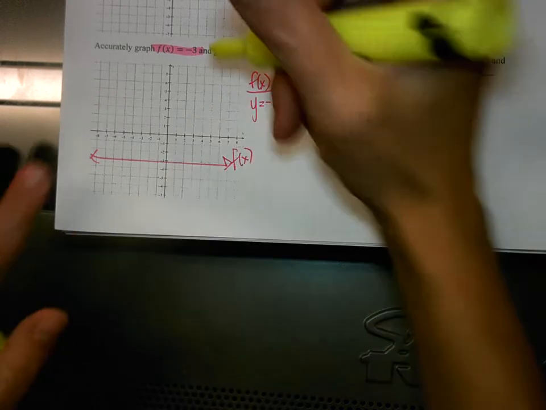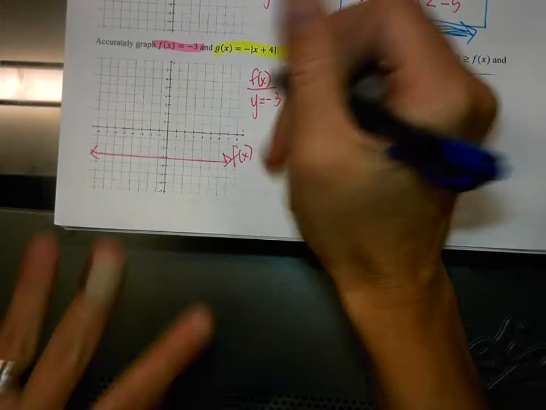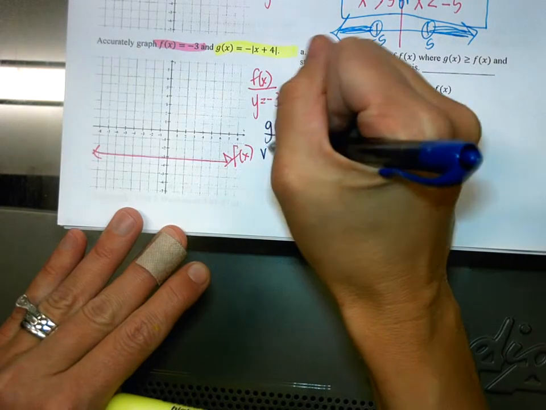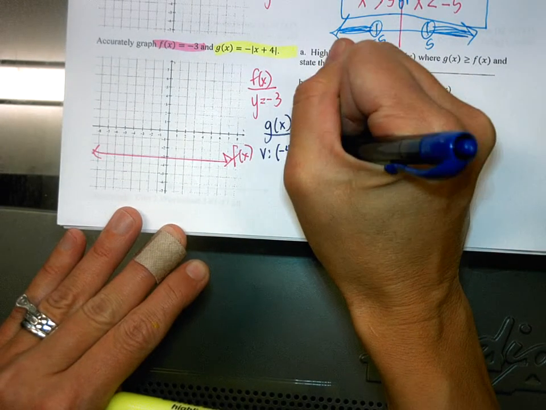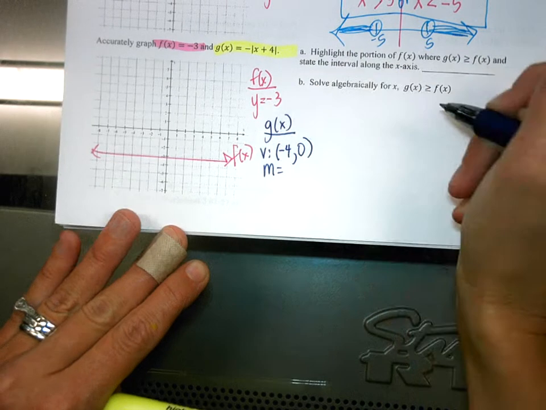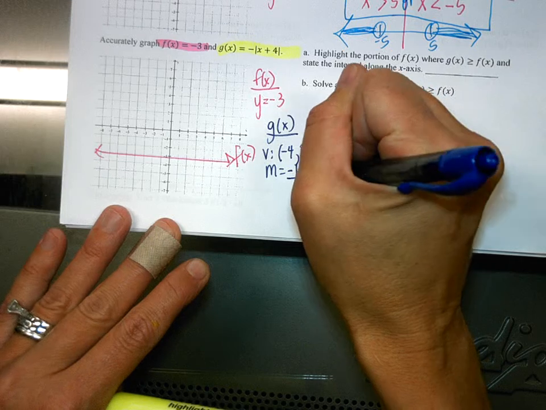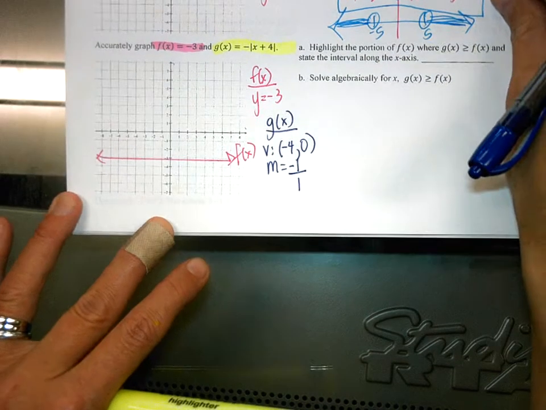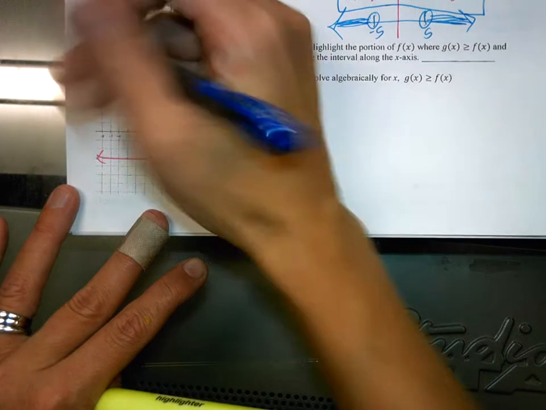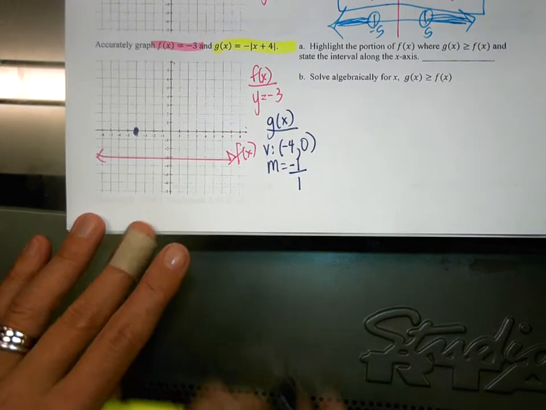Next, we have our g of x equation. What is my vertex for g of x? -4, 0. What is my slope? -1 over 1. So -4, 0. We go left, 1, 2, 3, 4, up 0. Make our point. And is this going to be going down or up? Down.